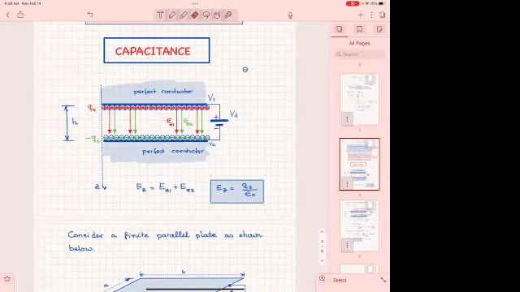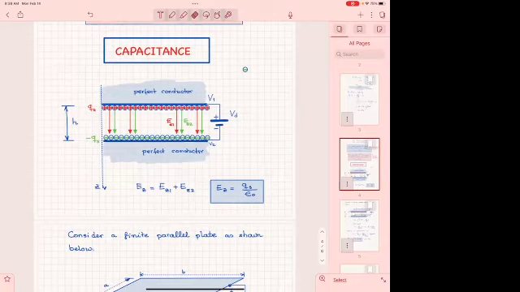Even if I show an infinite plane underneath and an infinite one on top, they are never infinite. They are two thick plates. And what we do, we put a battery that we connect with the two plates of the capacitor.